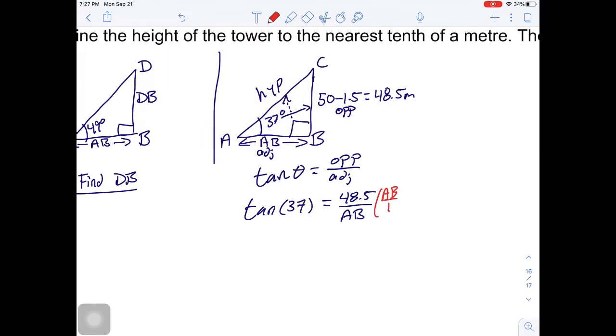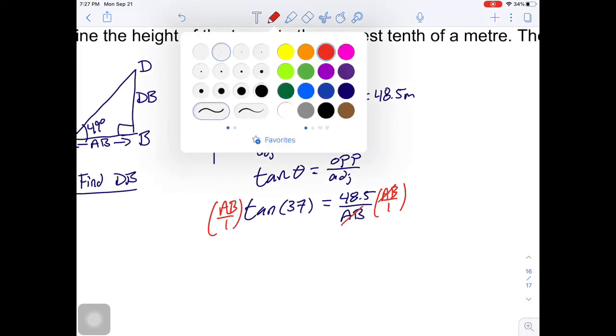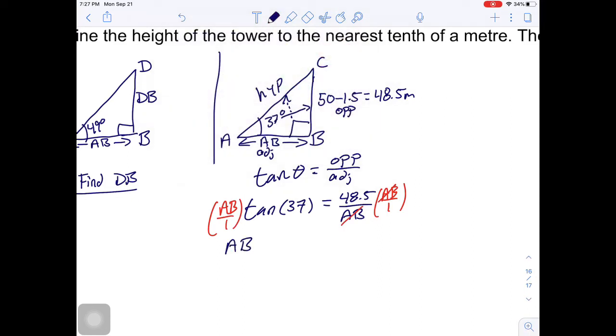So I'm going to multiply A to B over 1 by both sides, and that's going to cancel out my A to B. So I get AB multiplying tan 37 equaling 48.5.